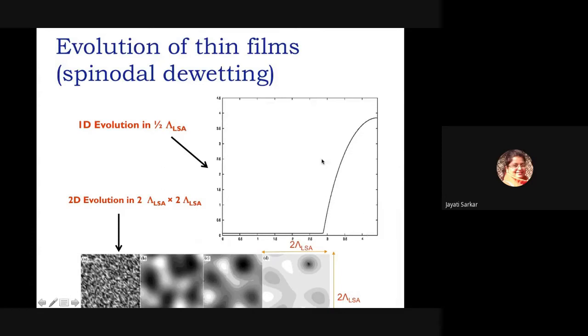So this is the half lambda where this type of droplet is formed. This lambda is the lambda that is actually given by the LSA, and this is a nonlinear simulation showing how these instabilities look. You see the grayscale image. This again is the instability at the initial time step, which evolves with time and gives you different dewetted structures, as you can see over a length scale of 2 LSA.